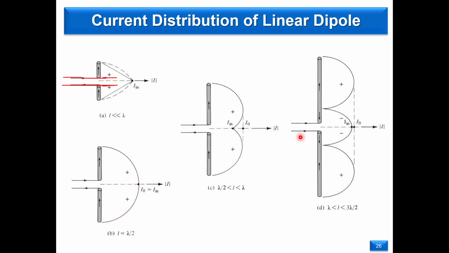When we go to longer lengths, we'll see more of the sine function, and when we go to even taller lengths of the dipole, we will see multiple parts. The current here is positive, the current here is negative, but we draw it this way. We can also draw it that way.